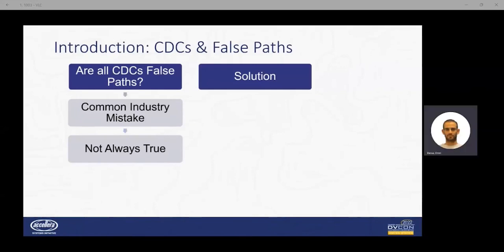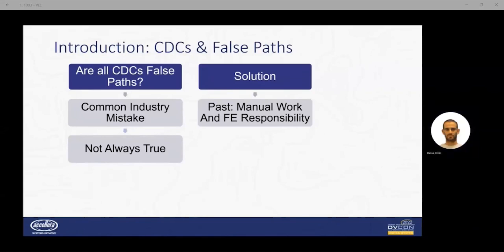The previous solution was manual work by the front end, and it was 100% the front-end responsibility to make sure that those paths meet the correct SKUs and the correct requirements. We would like to change that.